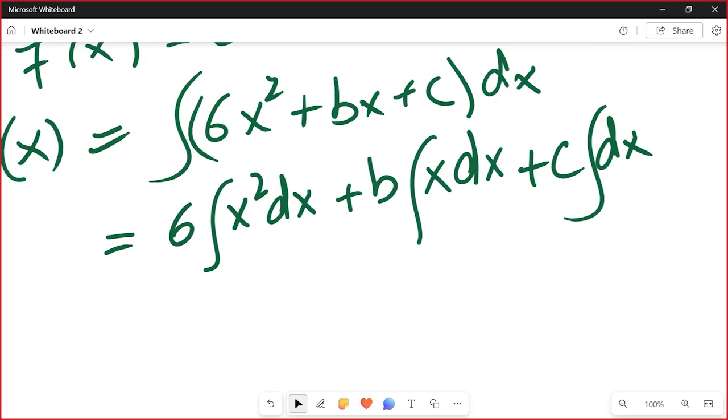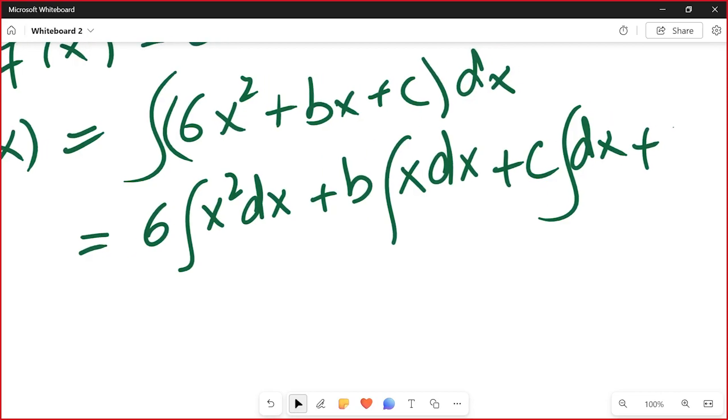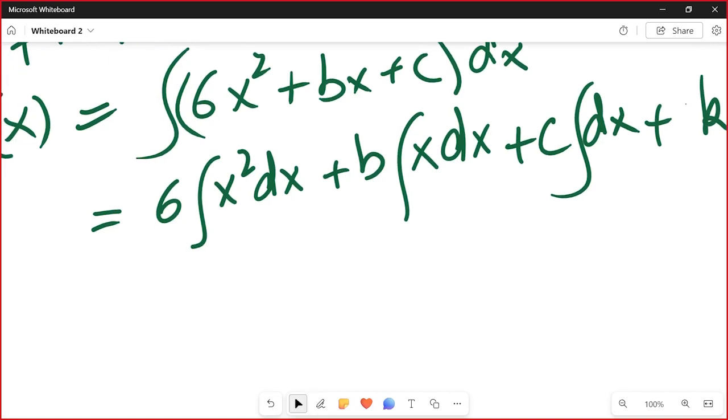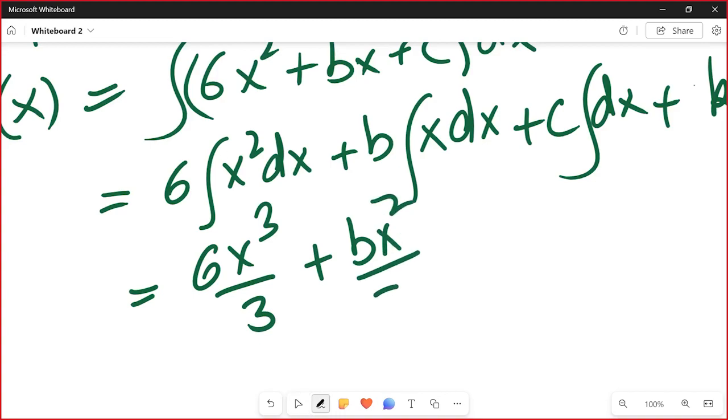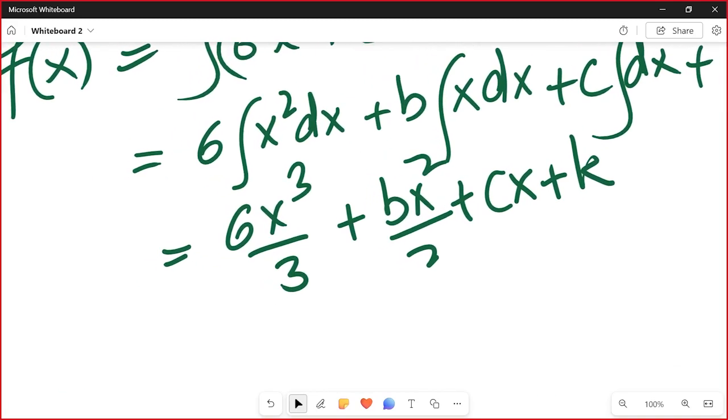And once we antiderivate, there should be a new constant. Normally we write the antiderivative constant as c, but because it's already used, I put it k. You get that? So we have 6x cubed over 3 plus bx square over 2 plus cx plus k. Is it okay?